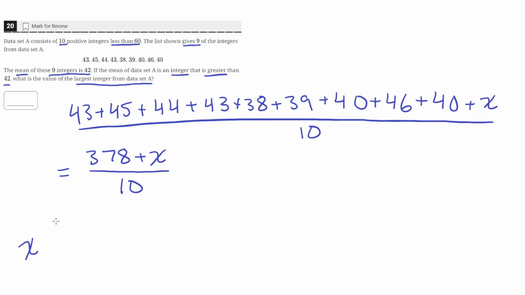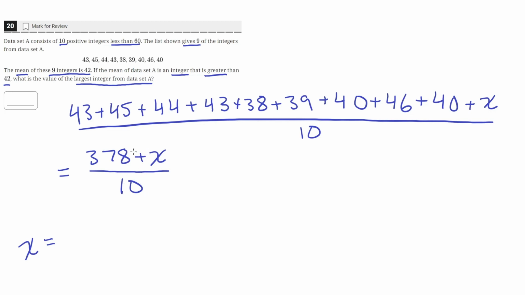Okay, so now if we look at x, we know that the mean of dataset A is an integer, which means that in order for this mean right here to be an integer, this numerator has to be divisible by 10.